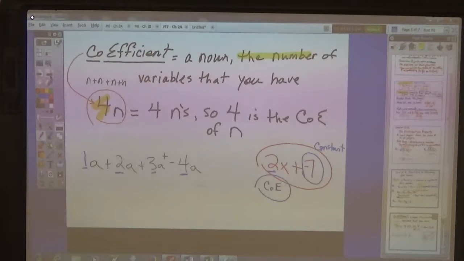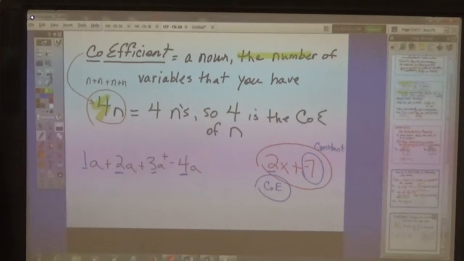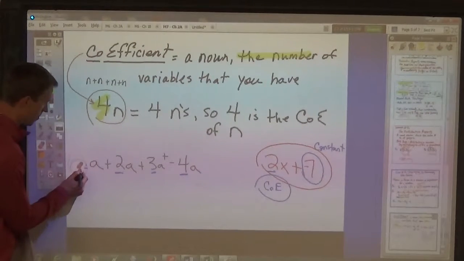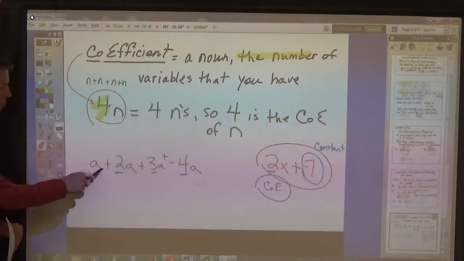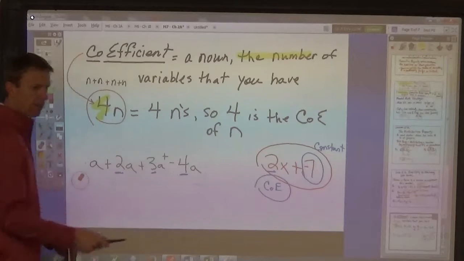4 is the coefficient of n. So look at this expression. A plus 2a plus 3a plus negative 4a.